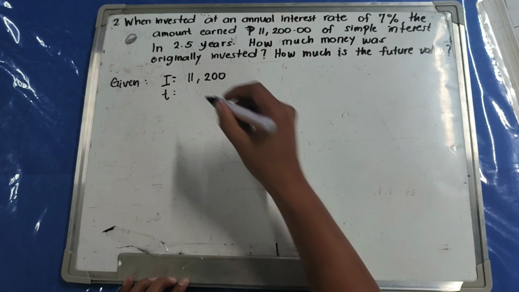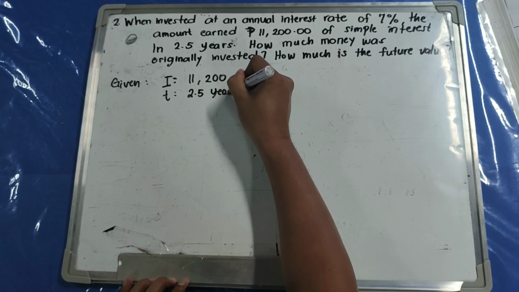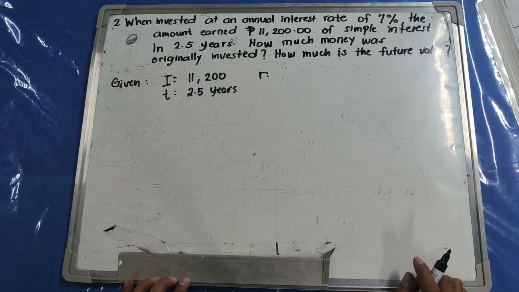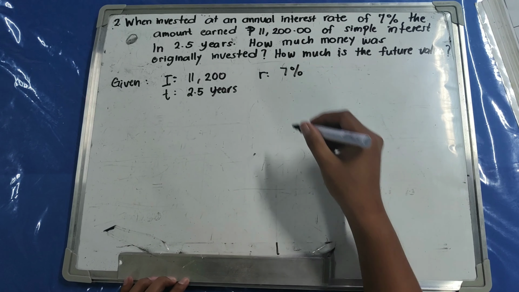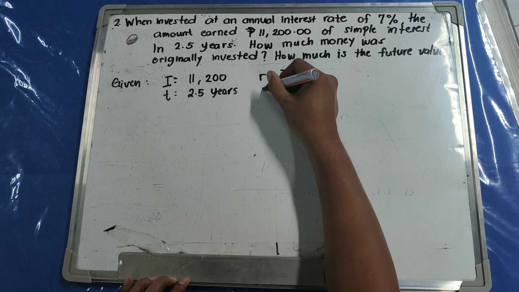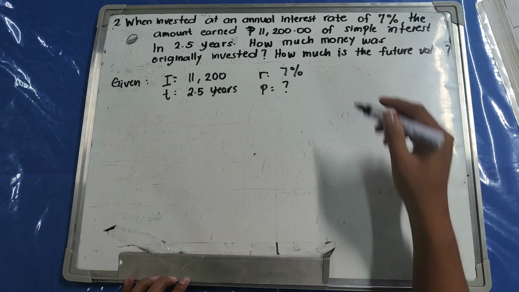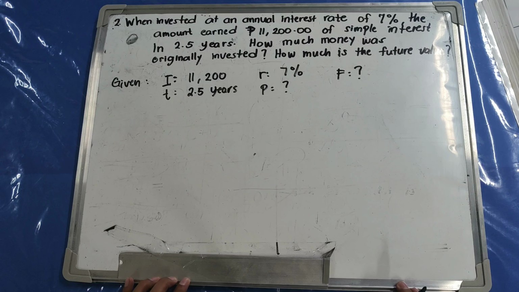How many years? So we have 2.5 years. And our rate, when we say rate again, sino yung kasama ni rate? Yung percent symbol. So our rate is 7%. And what we are looking for here is the principal, and of course the future value. We are looking for the future value and principal.